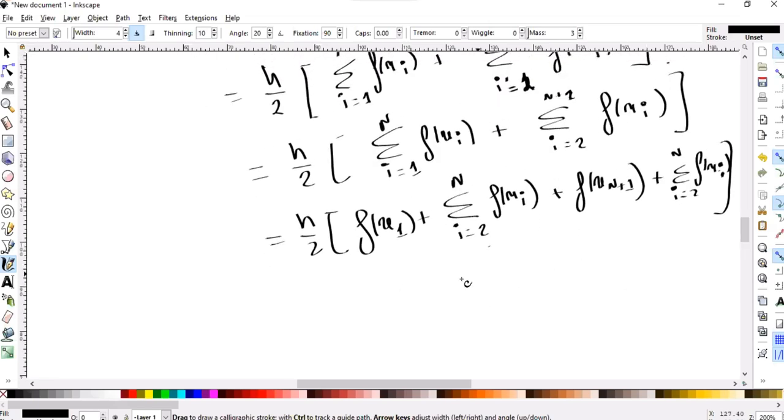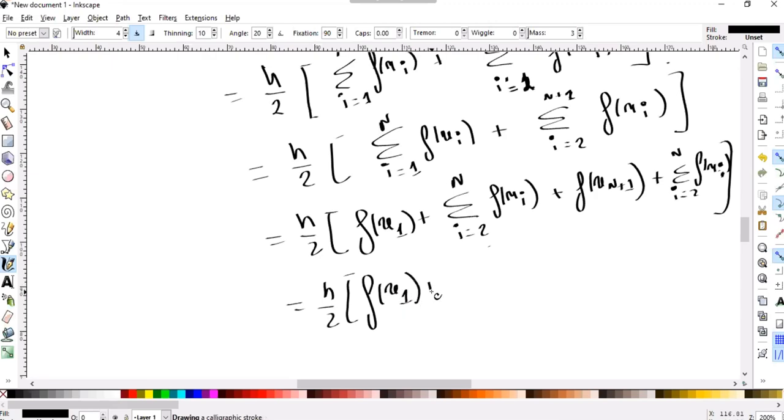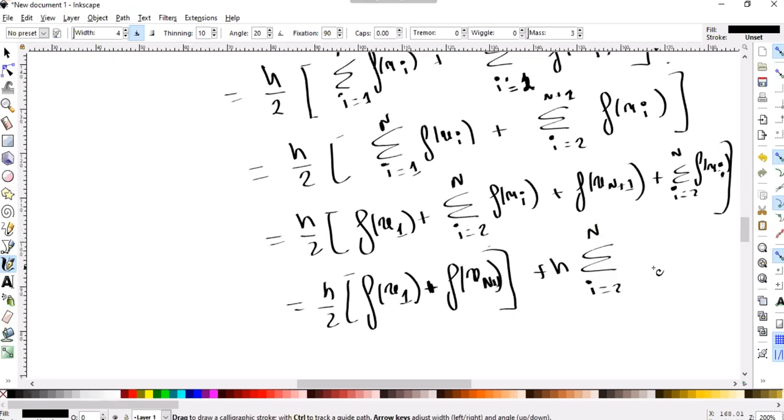So just that you see, now what I get is equal h over 2 f of x1 plus f of x n plus 1, excuse me, plus h, the sum from i equals 2 till n of f of xi.